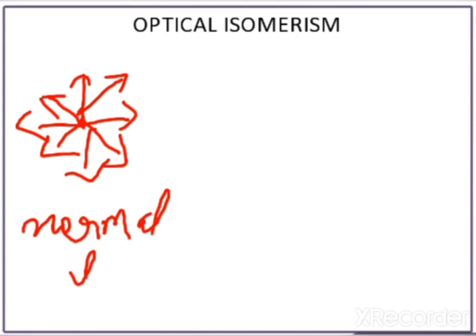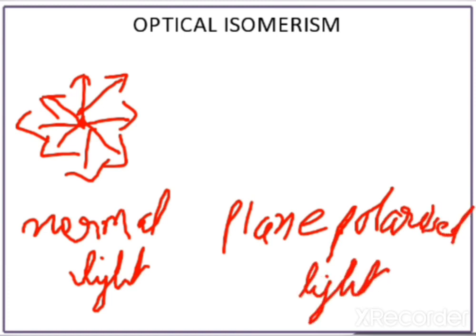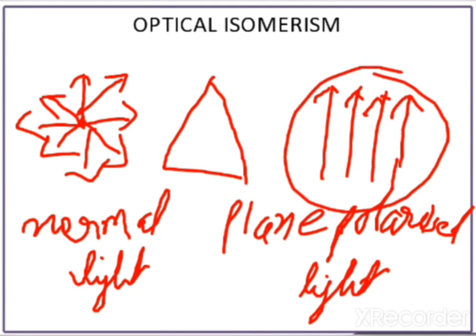Plane polarized light means when this sunlight is passed through a Nicol prism, the vibrations of all the radiations are in the same direction. This is plane polarized light. The position is vertical, 90 degrees.